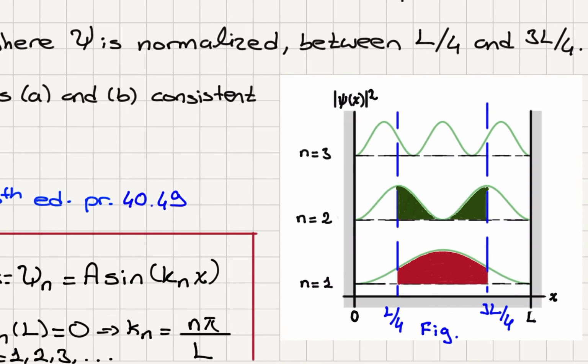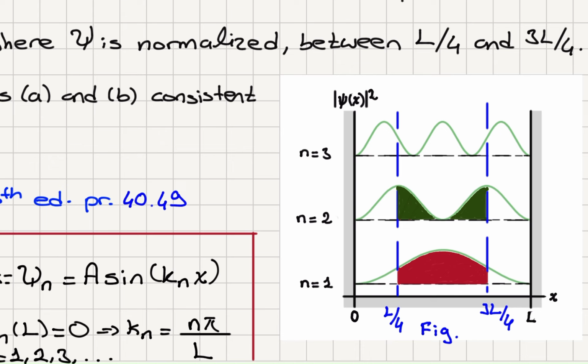What is plotted here is not the wave function itself, but the square of its absolute value. Therefore, this represents the probability density of finding the particle in a region between x and x plus dx. That's the absolute square of psi of x times dx.